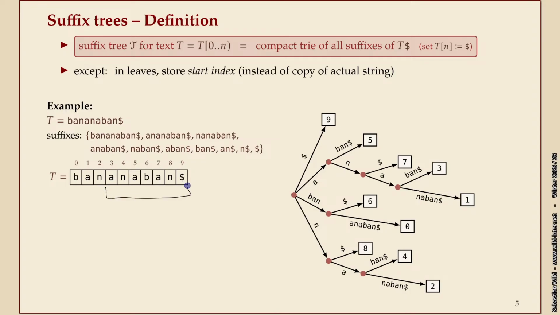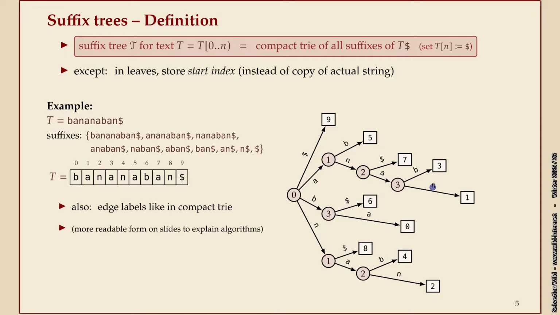And that's also what you can find here if you read from the root. However, remember, what it really looks like to the computer is this. There are some parts here where you're skipping over characters that wouldn't be represented as edge labels. So you need to store the text separately somewhere. But we don't have to copy the text in all the leaves. These are just indices, a single number.